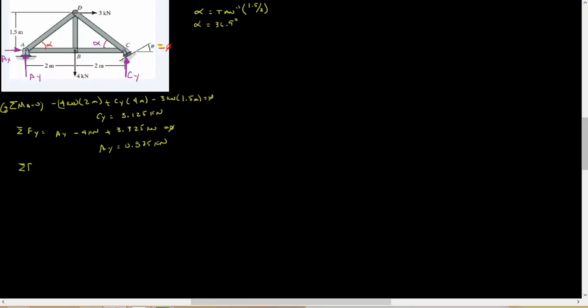And then if we sum my forces in the x direction is equal to 0, that's x positive, that way my y was there. I say AX plus 3 kilonewtons is equal to 0. So we know that AX is equal to negative 3 kilonewtons, meaning that the actual direction of this is going to the left. So let's do the joint method.